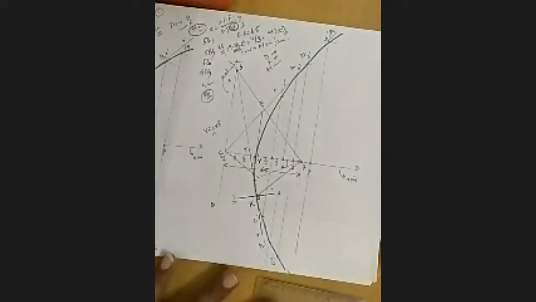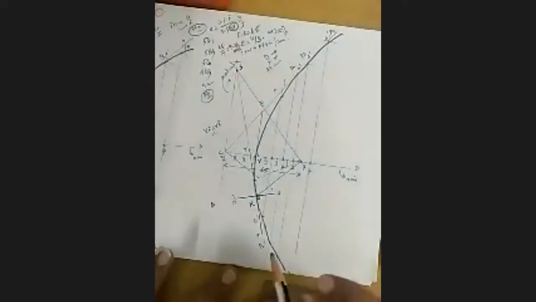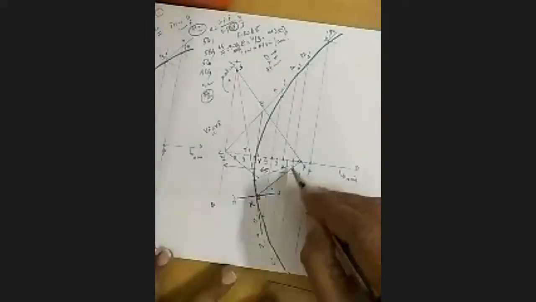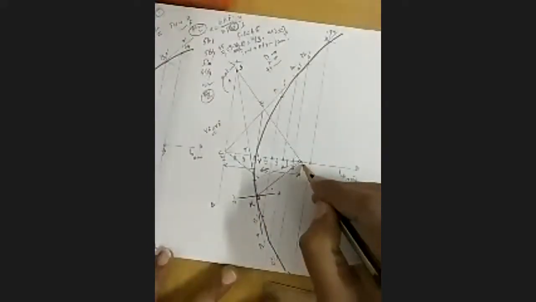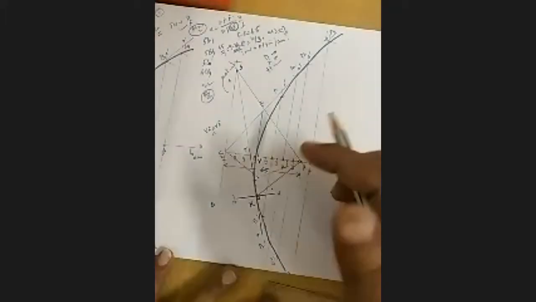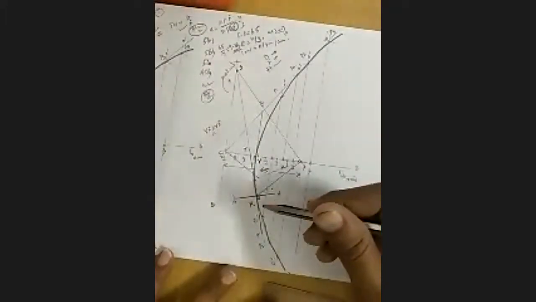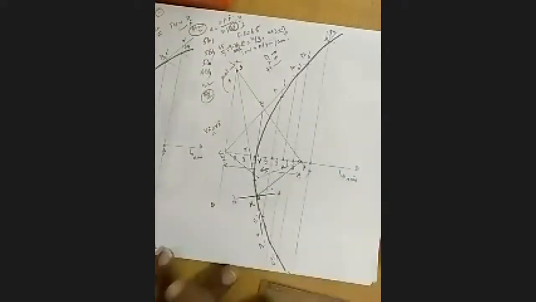We can draw anywhere according to our requirement. Nothing wrong. Where it is cutting, don't bother. But bother that this line should be perpendicular passing through the focus. That is the relation. Wherever it cuts the directrix, join that point with X, that is the tangent. Perpendicular to the tangent is the normal.